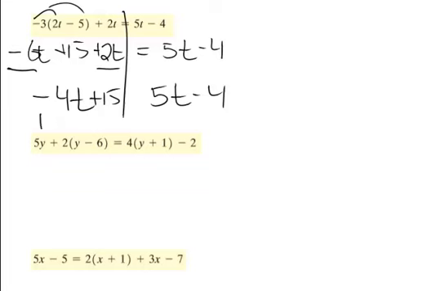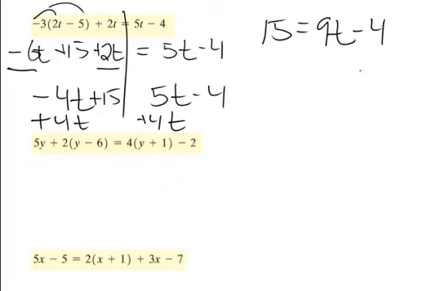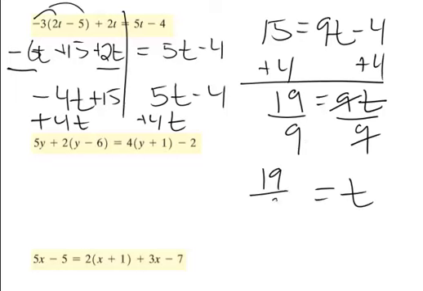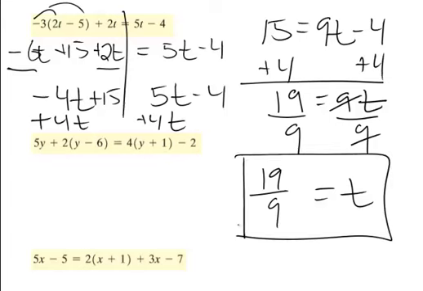I'm going to go ahead and add 4t to both sides. So I'm going to be left with 15 equals 9t minus 4. When I add 4 to both sides, I end up with 19 equals 9t, and then divide both sides by 9. I can't simplify that fraction, so my answer is just 19 over 9.